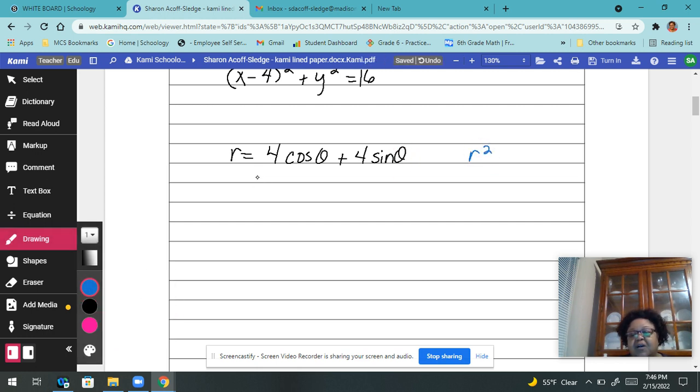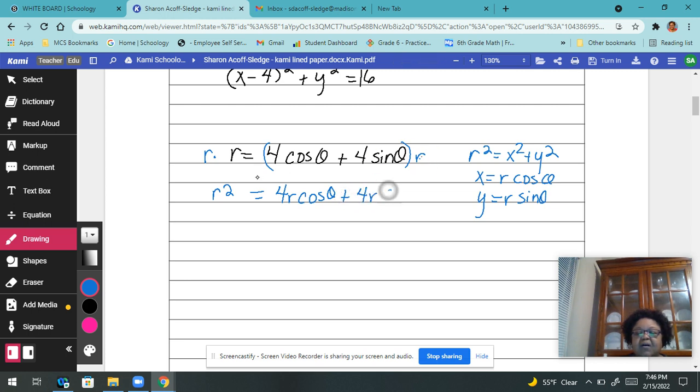What we're going to be using is r squared equals x squared plus y squared, x equals r cosine theta, and y is equal to r sine theta. And the way we're going to force it is we're going to multiply both sides by r. So r times r is r squared. r times 4 cosine theta is 4r cosine theta. I'm distributing, and then r times this term is 4r sine theta.